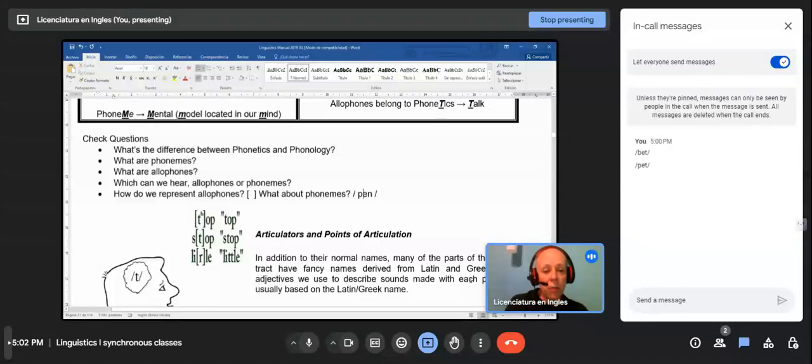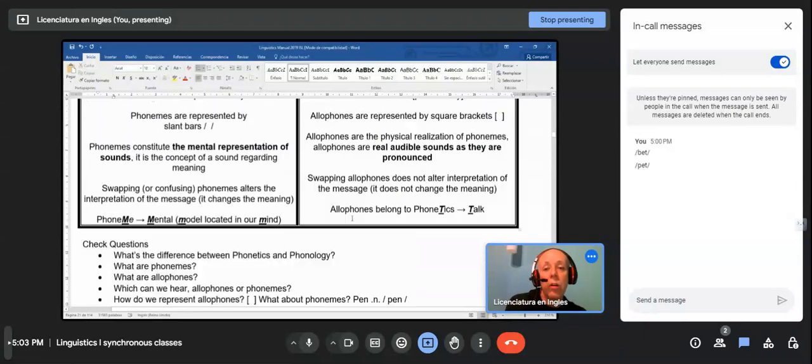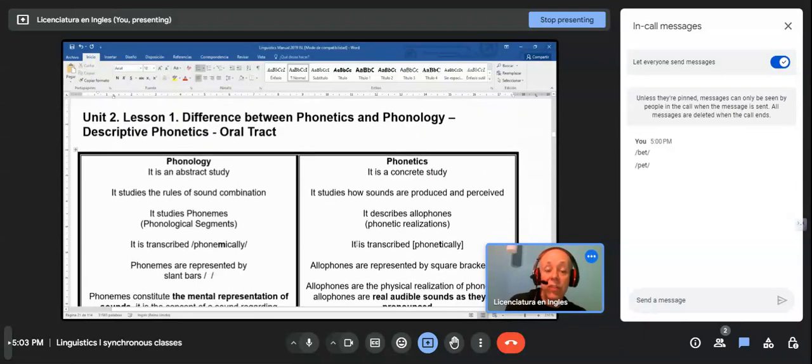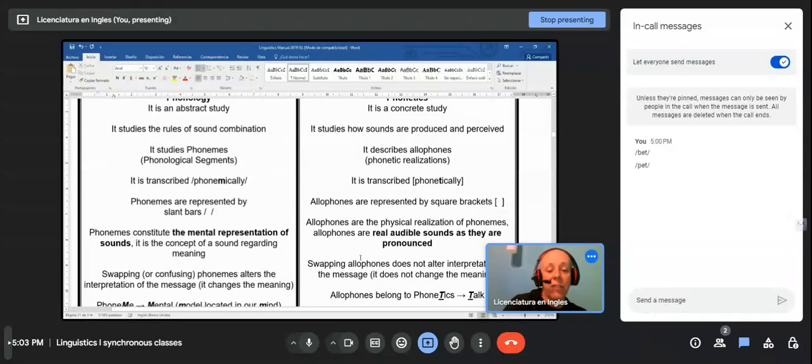Notice that if you look for the word pen in a regular dictionary, it says like this, then like this, and then the pronunciation. Okay. What does the N stand for? It stands for noun. Pen is a noun and is pronounced pen, like this. Very good. So this lesson on the difference between phonetics and phonology is about precisely this. The next lesson is about the oral tract.